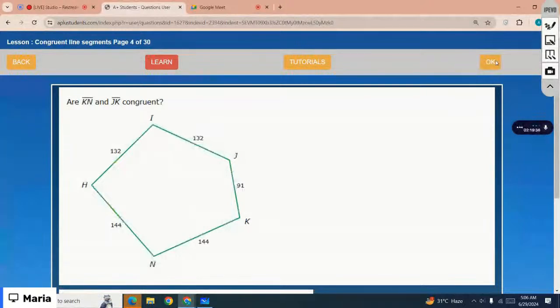Are KN and JK congruent? JK is 91 and KN is 144. So the correct option is no, they are not congruent.